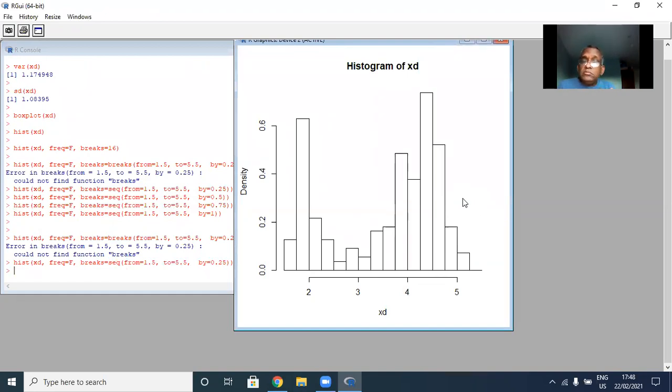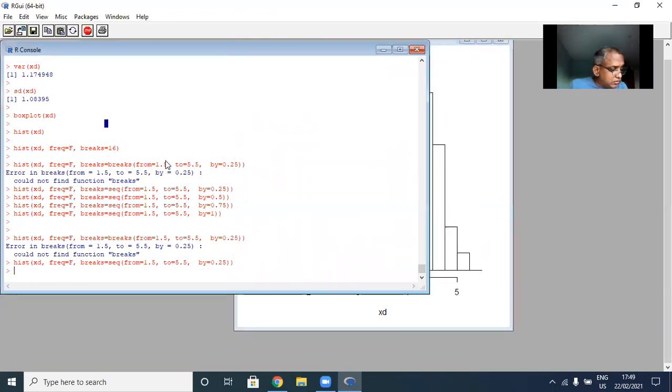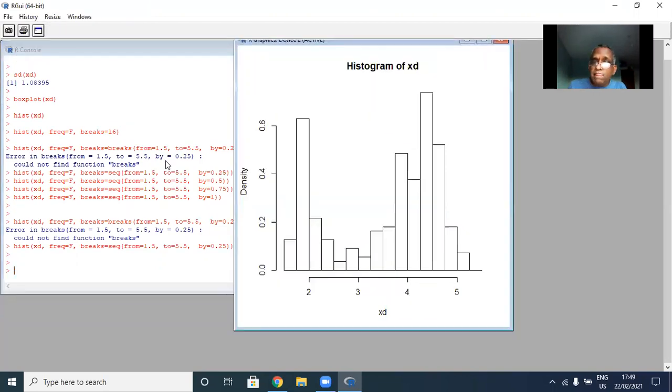The smaller mode corresponds to short duration eruptions, and the larger mode corresponds to long duration eruptions. So this completes exercise 2.